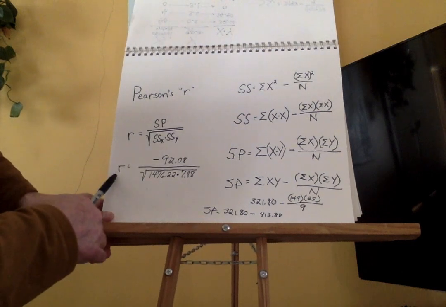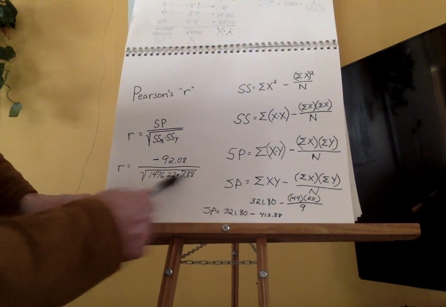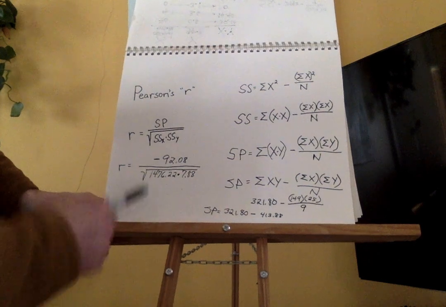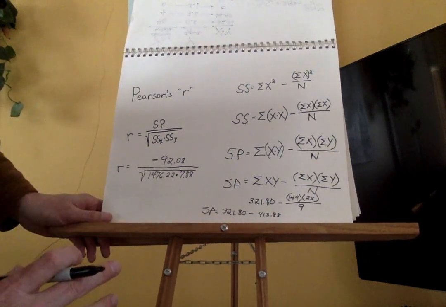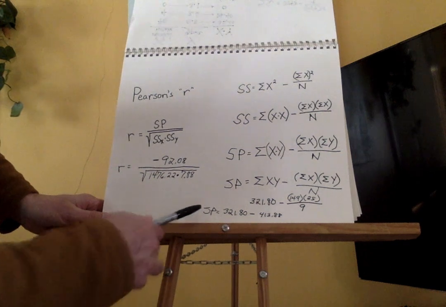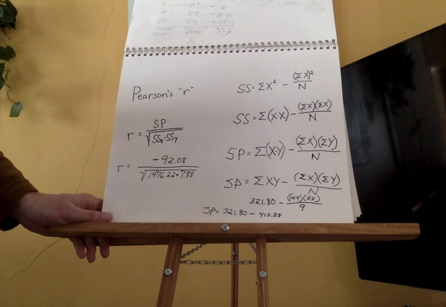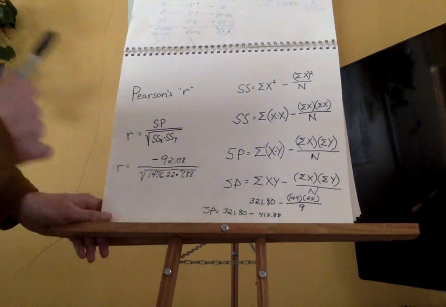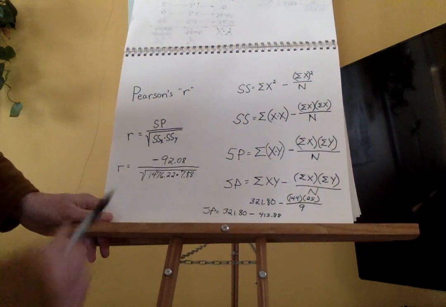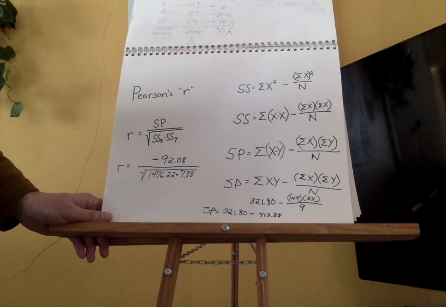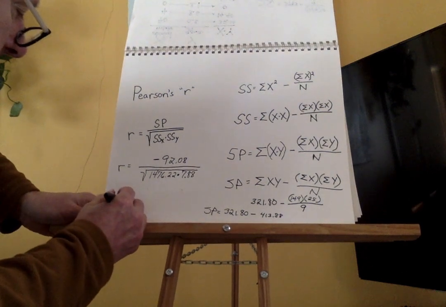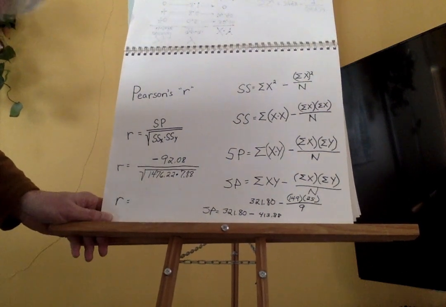Since the sum of squares can't be negative, if you have a negative slope in your scatter plot, then the sum of products will be negative. So at least that's a good sign, because I'm looking at the data, I see that there's a negative slope, and I get a sum of products number that is negative. So that's good. And so let's finish the computations here.